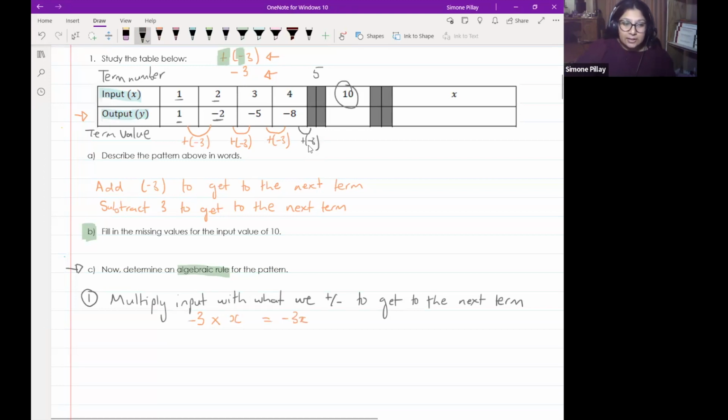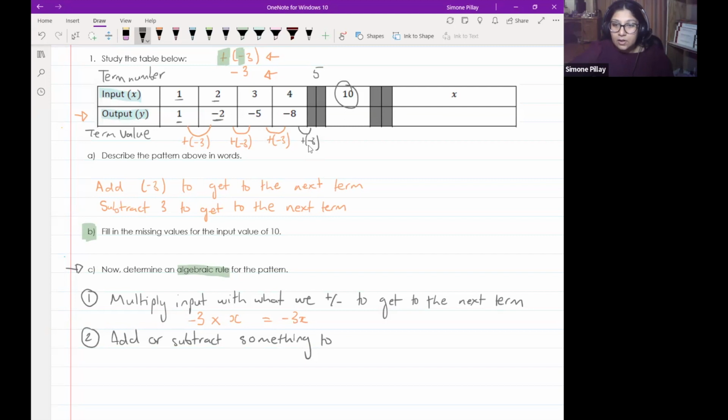The second thing I did is, well, how can I word this nicely? Let's say we then need to add or subtract something to get the output we want. Now, what am I talking about?